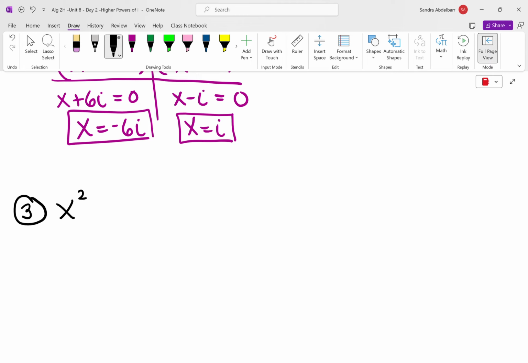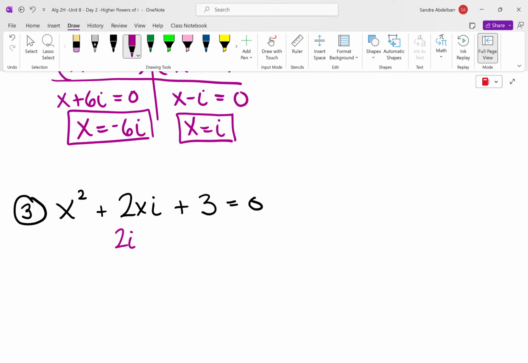You guys try this one. And when I say radicals in the equation, I mean radicals with variables underneath of them. Because i is a radical, but it's a radical we know.